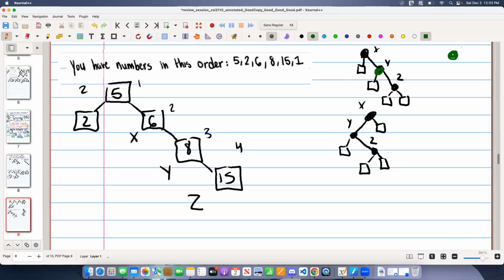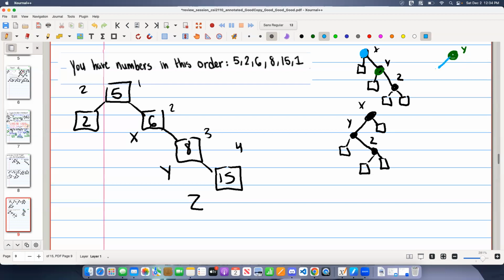We push Y up, and then we have X, which is on, since X, okay. Wait, X has to be on, give me a sec.